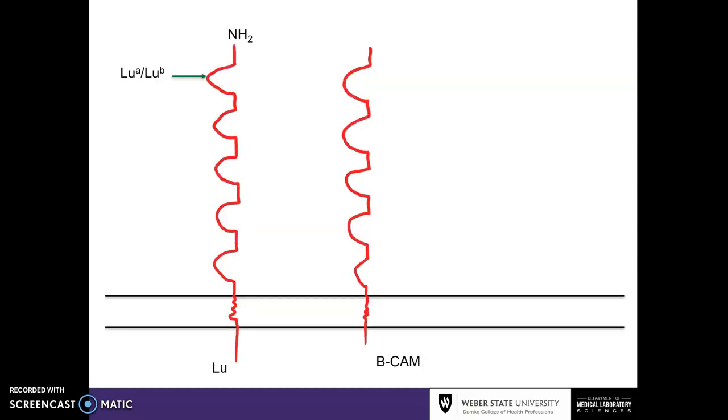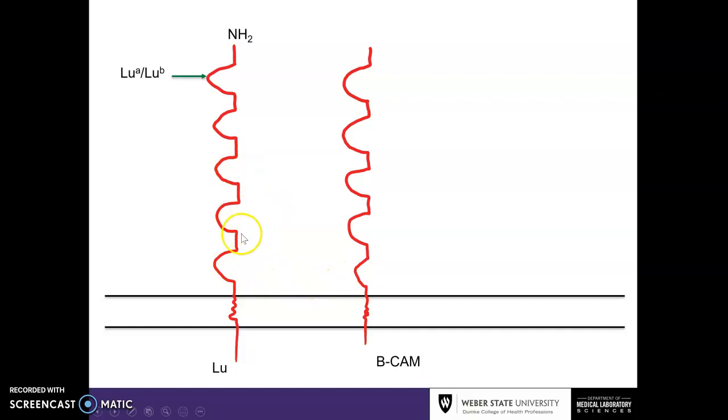And here's a depiction of those glycoproteins. The one on the left here, the Lutheran glycoprotein, has a longer tail inside of the cell membrane. And then the BCAM has a shorter tail inside. Other than that, they're very similar, if not identical.